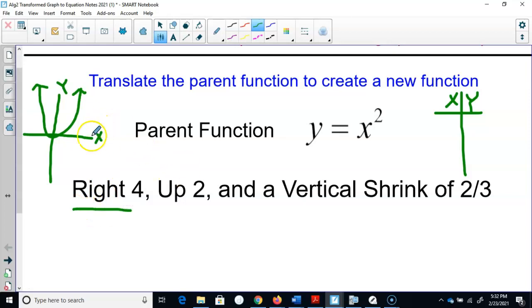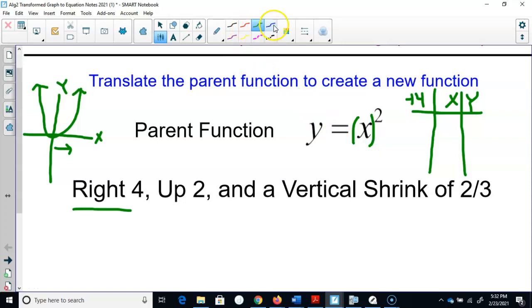Well, what's happening to go right 4 is I'm moving in the x direction. So on that table, when you were practicing it, we were adding 4 to the x values. Now, what you need to remember, whenever we are dealing with the x values, that was happening inside the grouping symbol.